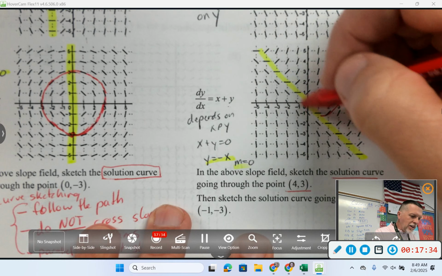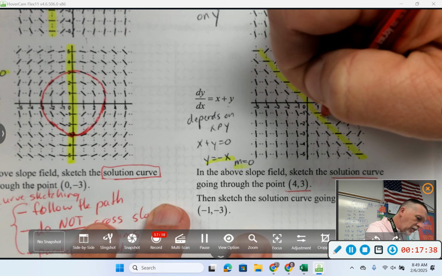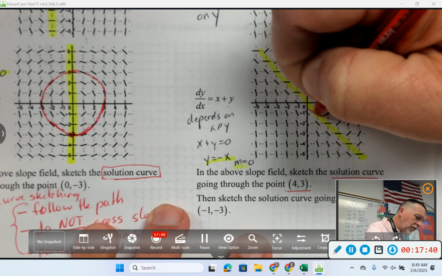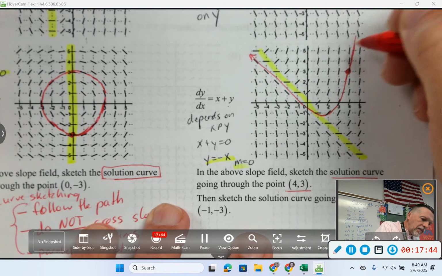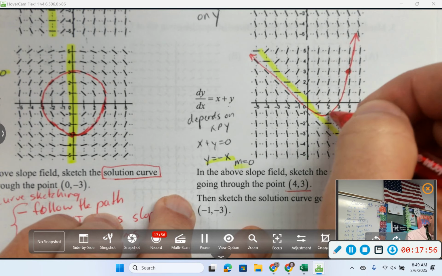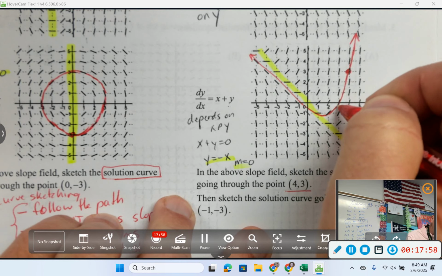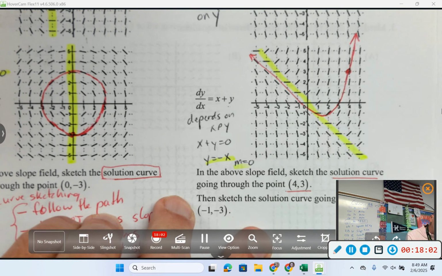And I can't cross a slope field line, so this one's tricky because there's not a whole lot of information in there. It does something like that. And you look back and you see we didn't cross any slope fields. We ran parallel to them all. And if we hit one, it was only because we were going right along with it. Like right there we were pretty close, and right there we're pretty close.